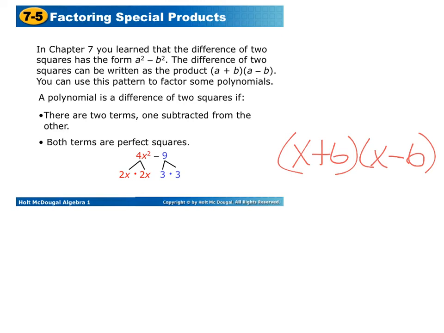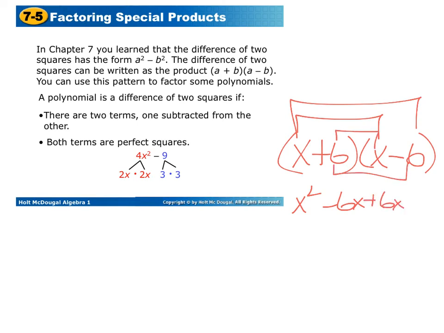So when it's the difference of two squares, the answer is just going to end up being a binomial. Notice when I FOIL this, I get x squared, negative 6x, positive 6x, and then negative 36.